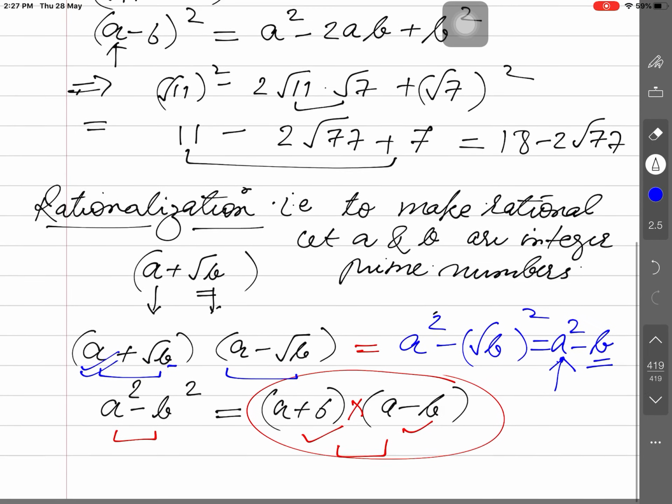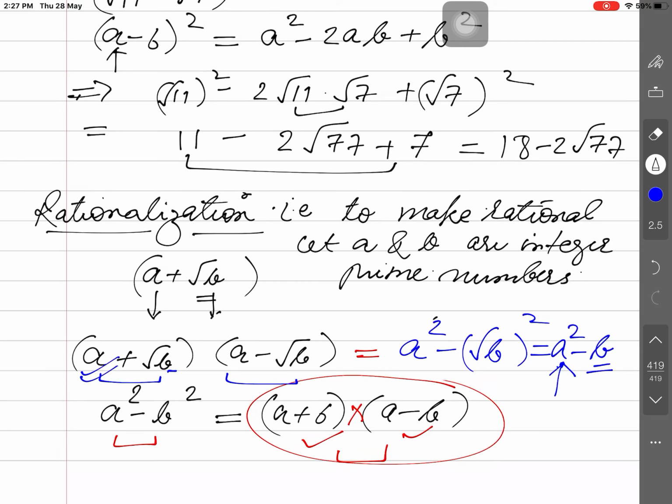So how does root b become rational? Observe what you have done. You took a plus root b and multiplied it by a minus root b.